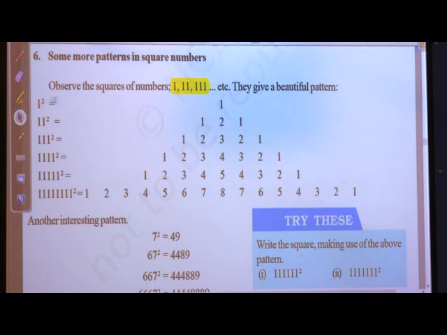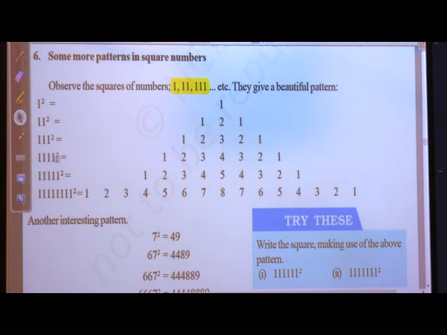What have we studied here? How are the digits increasing? Count the number of 1s in the number whose square we are taking. Here 1 squared, only one 1. Here 1 is coming 2 times, that is 11, giving 1, 2, 1. Here 1 is coming 3 times, 111, giving 1, 2, 3, 2, 1.